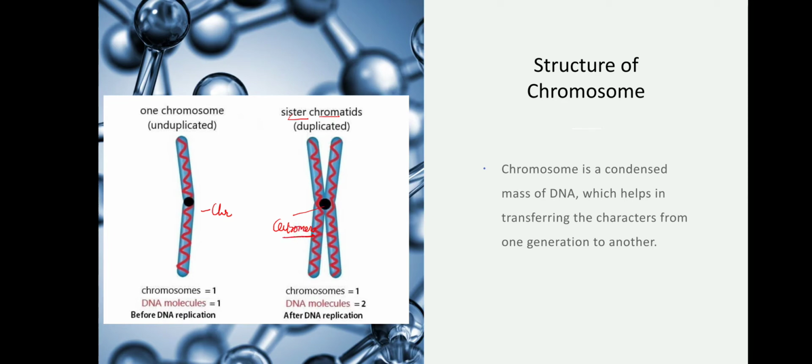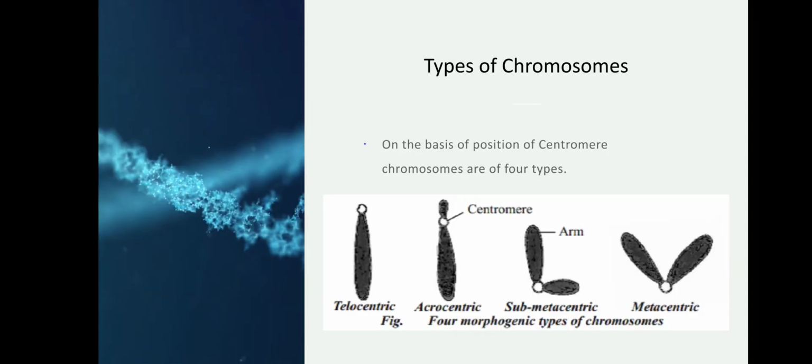Based on the position of the centromere in the chromosome, the chromosomes are of 4 types. If the centromere is present at the tip, the chromosome is called a telocentric chromosome. If the centromere is present near the tip, it is called an acrocentric chromosome.